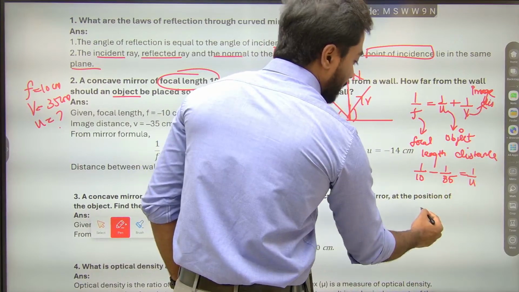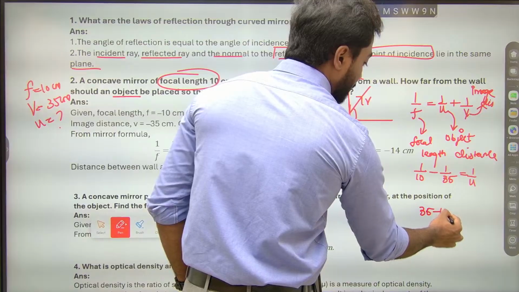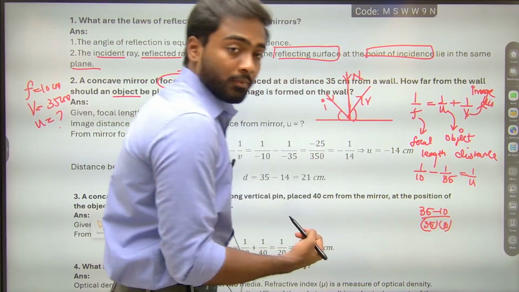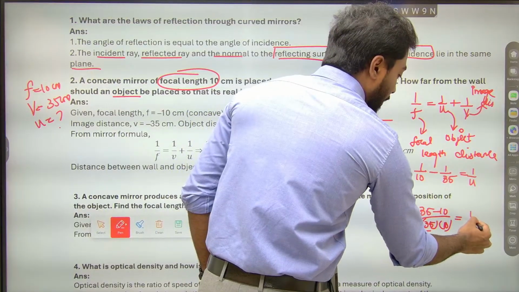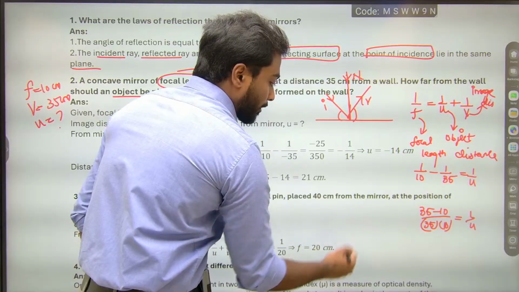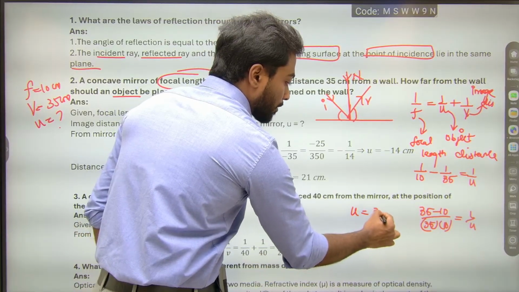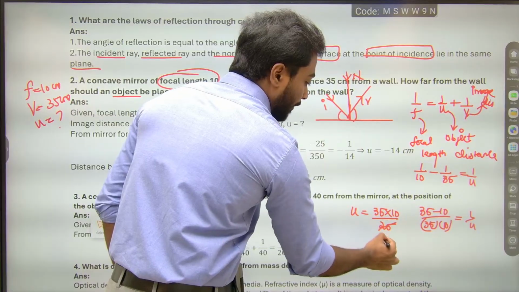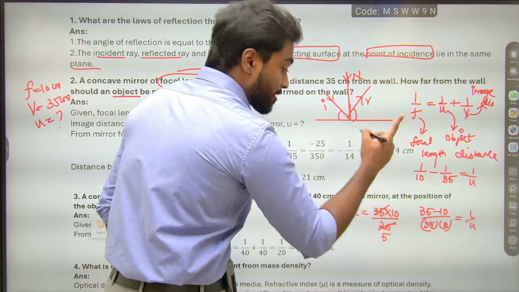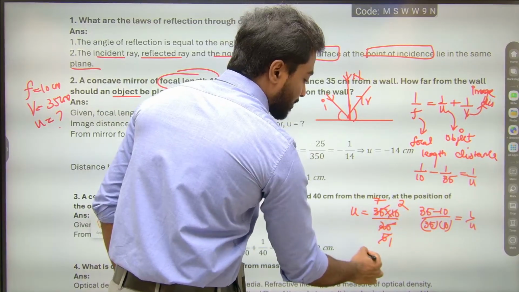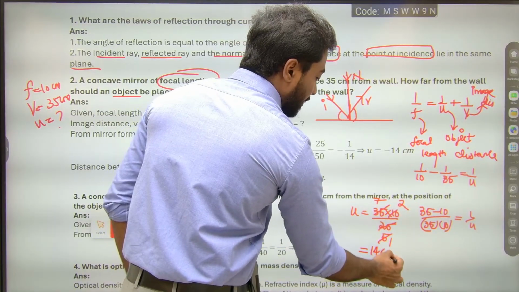If I cross multiply, 35 minus 10 divided by 35 times 10 equals 1 by u. So u equals 35 into 10 divided by 25. This is 5 times 7, and this is 5 times 5. How much is it? 14 centimeter.